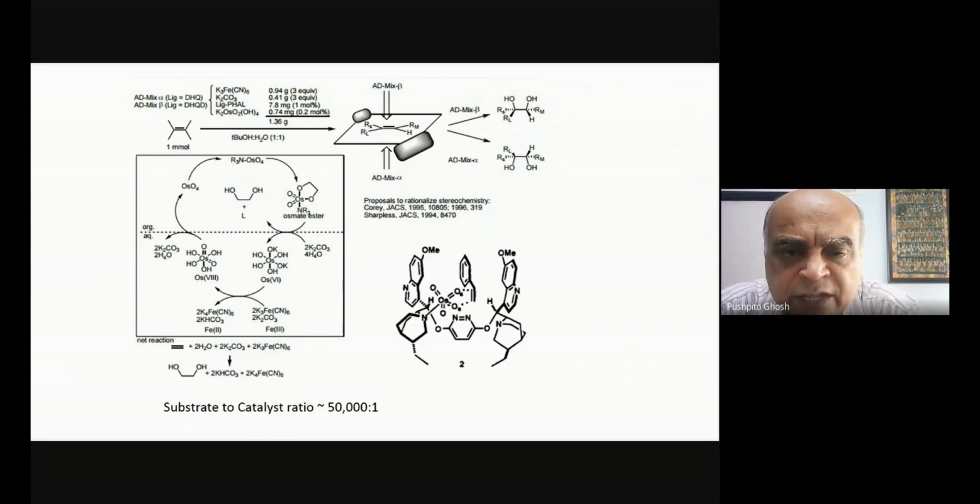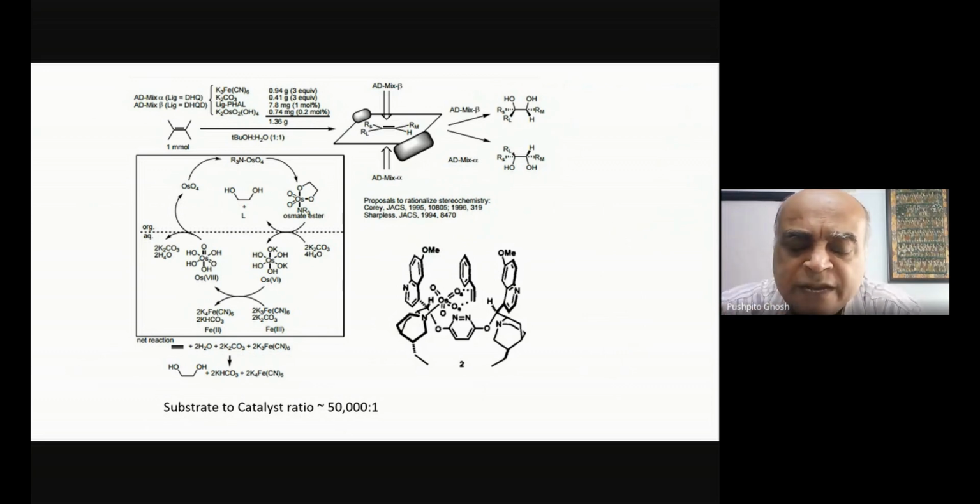So what he said is, I've already done all this work with osmium tetroxide, asymmetric synthesis. So why don't I just now incorporate the work of Upjohn, and that's what he did.